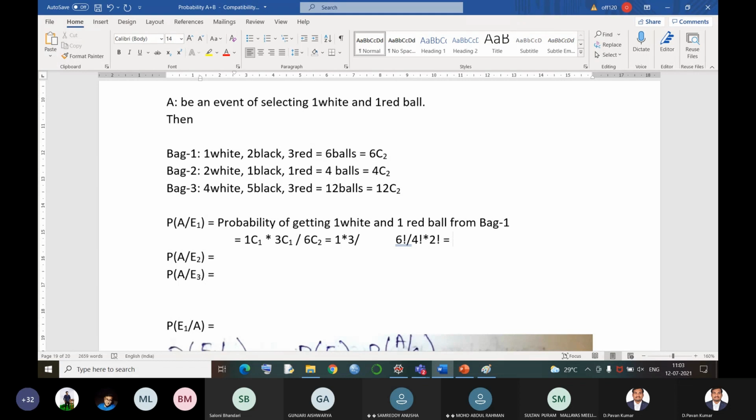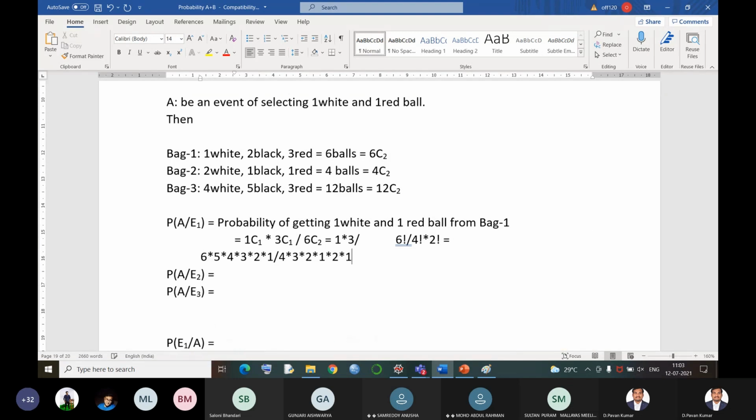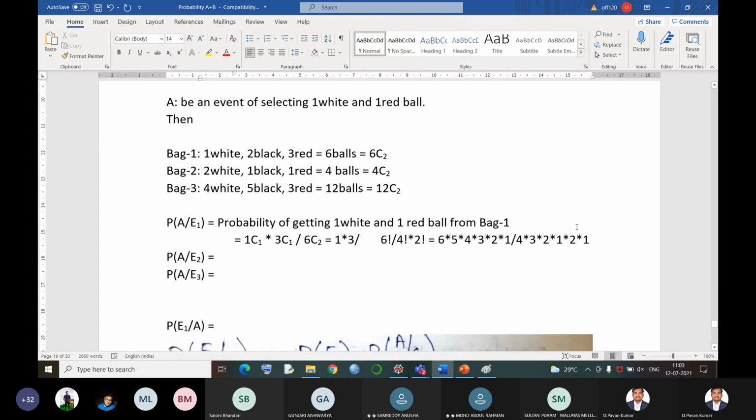I can write 6 factorial as 6 into 5 into 4 into 3 into 2 into 1, divided by 4 factorial, which is 4 into 3 into 2 into 1, into 2 factorial, which is 2 into 1. So the 4321 gets cancelled.